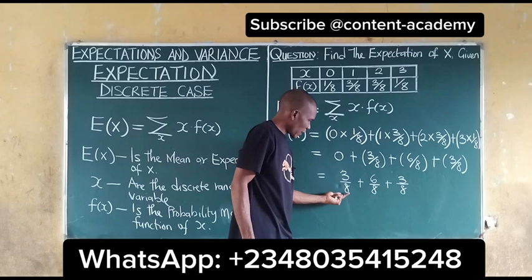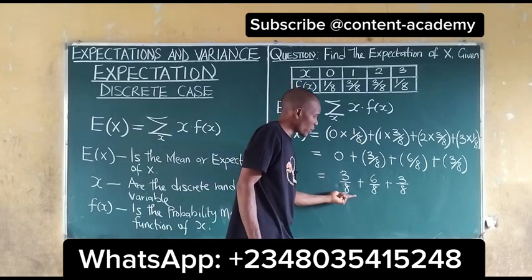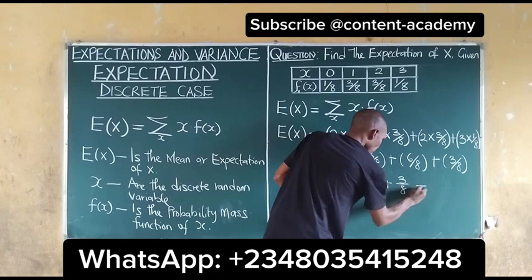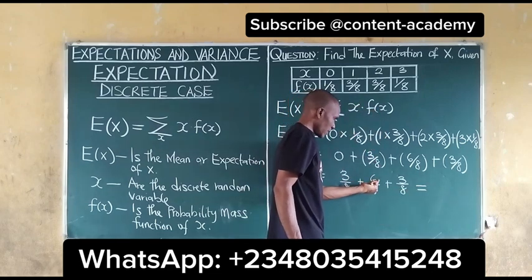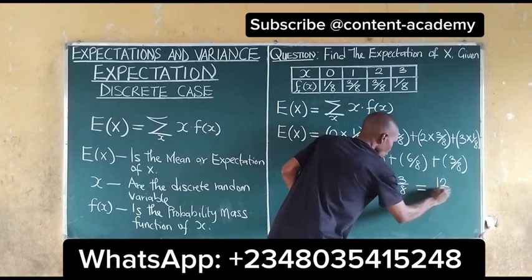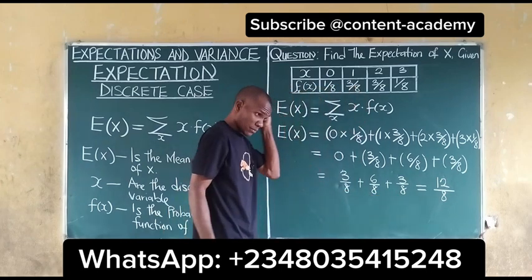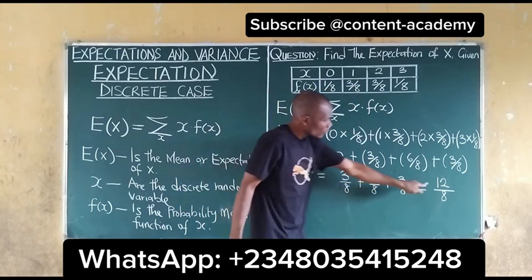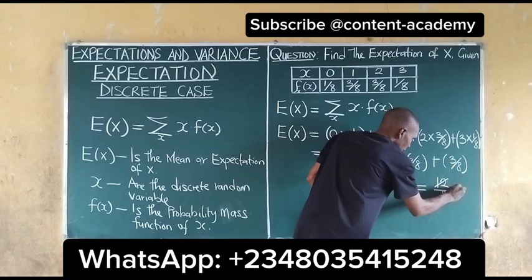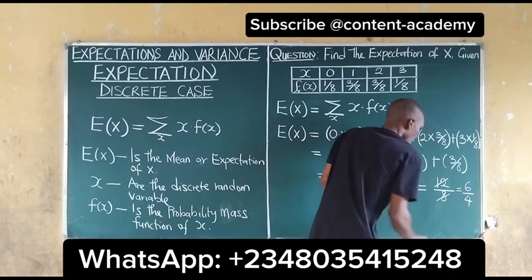Now, we can see that the denominators are the same, so we'll have 3 plus 6 plus 3, which is 12, all over 8. So this can cancel this: 2 here to give us 6, 2 here to give us 4.